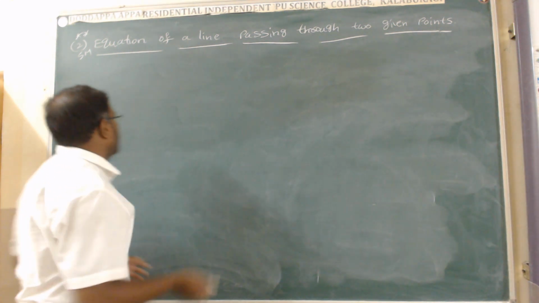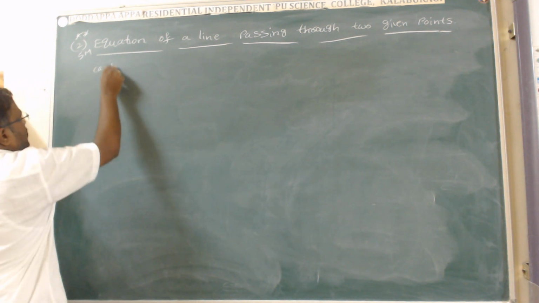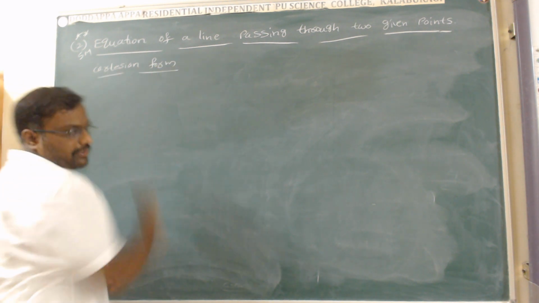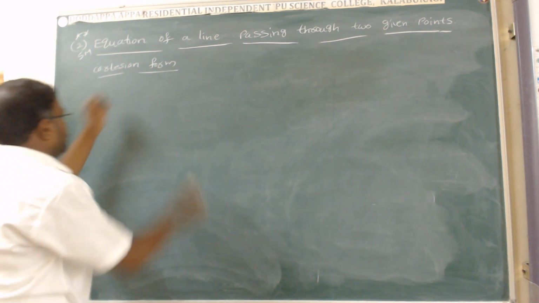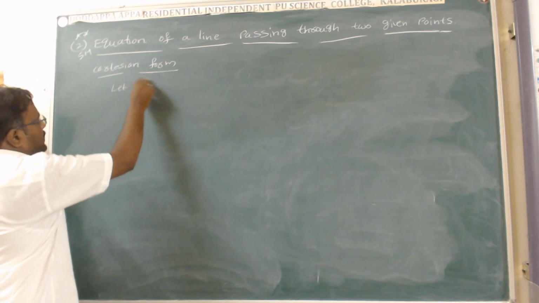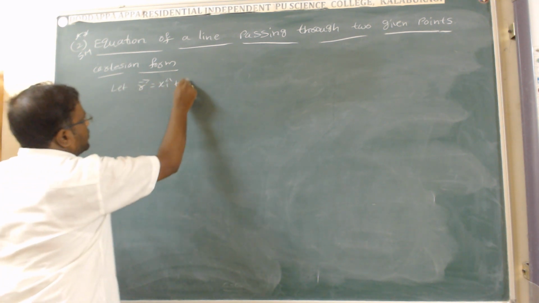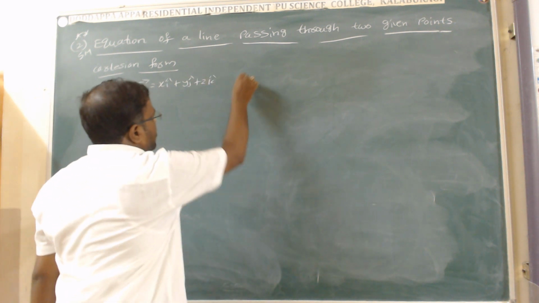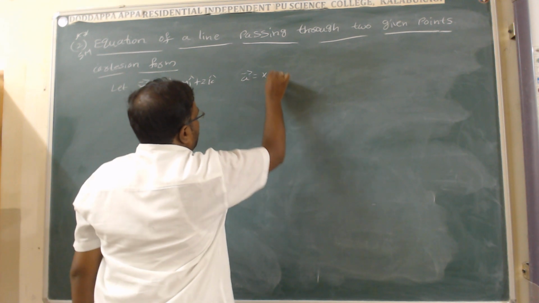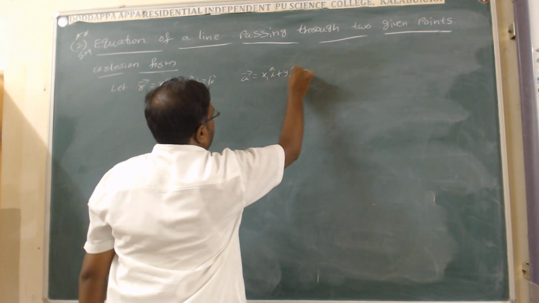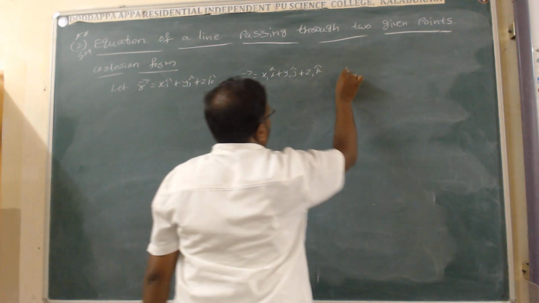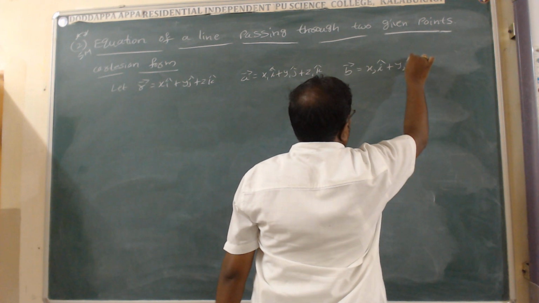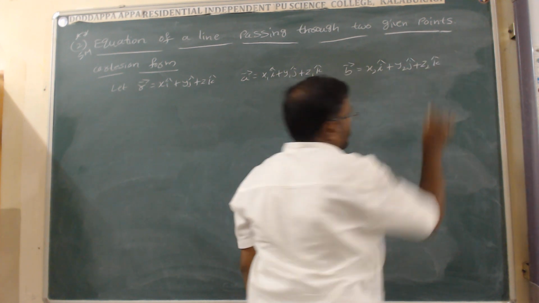Okay, next, continuing, we go for the Cartesian form. You compulsorily have to find the Cartesian form. Right? So first, let vector R equal xi plus yj plus zk, and similarly take vector A equal to x1i plus y1j plus z1k, and vector B equal to x2i plus y2j plus z2k.